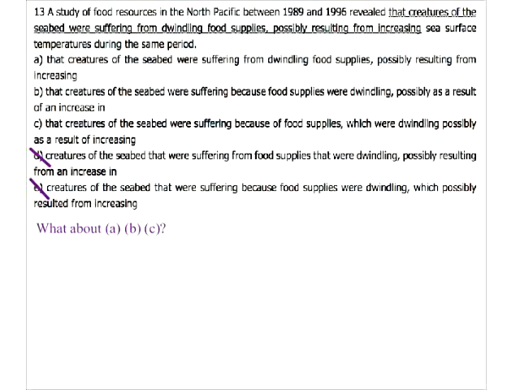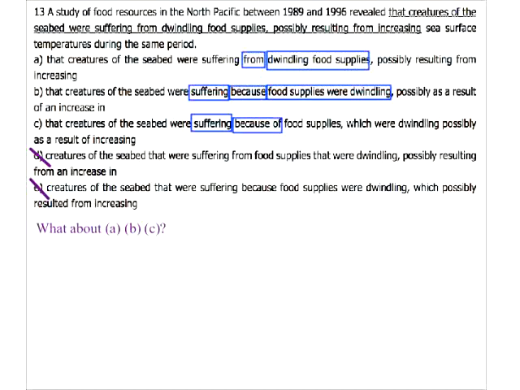There is grammar tied into this whole thing, but this is suffering from the supplies themselves versus suffering because of a clause, versus suffering because of a noun again. There's no word "that" in front of this one, but it's basically the same idea.